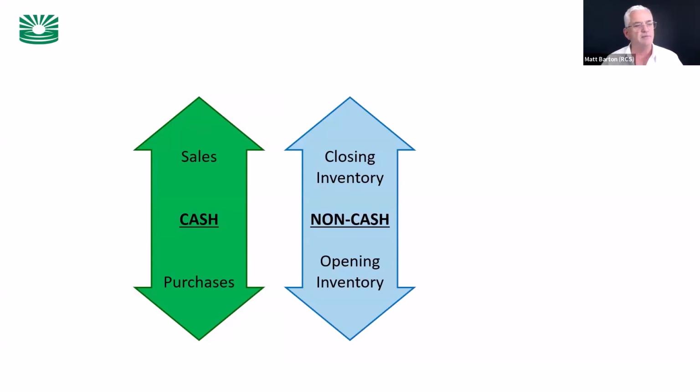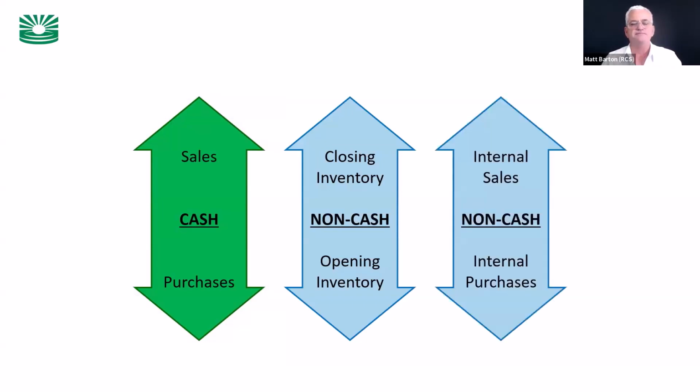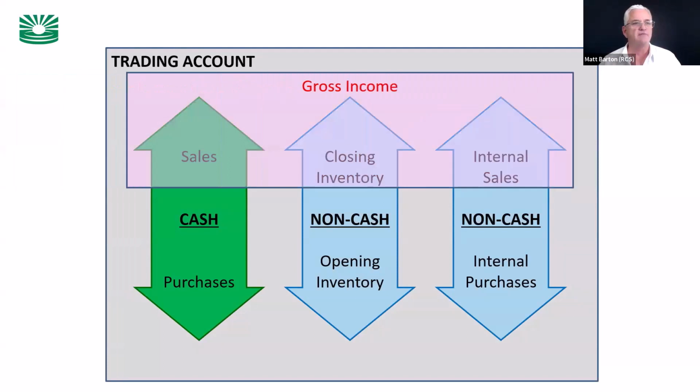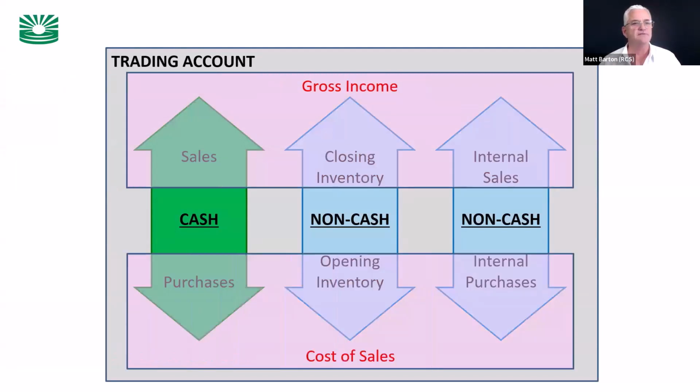And finally, when we start having different enterprises, then the breeding enterprise needs to sell their animals to the weaner enterprise. And then the weaner enterprise needs to sell the animals to the finishing enterprise at market value. So they're the internal sales and purchases, and that is our trading account. We have gross income, less cost of sales.